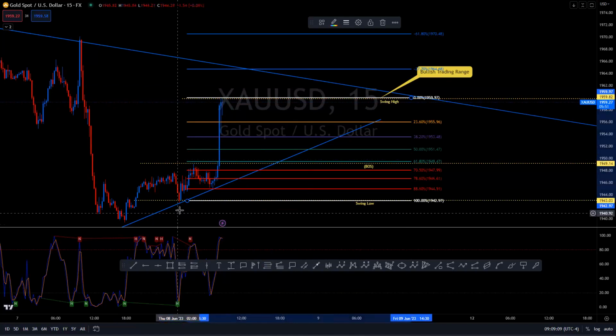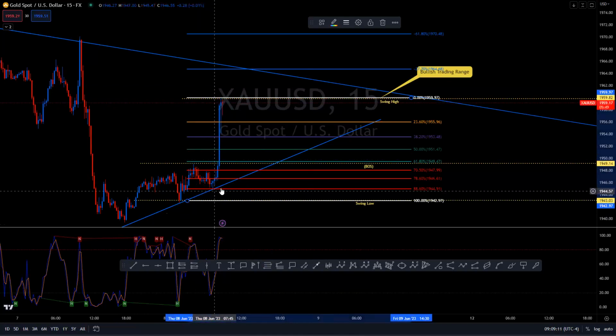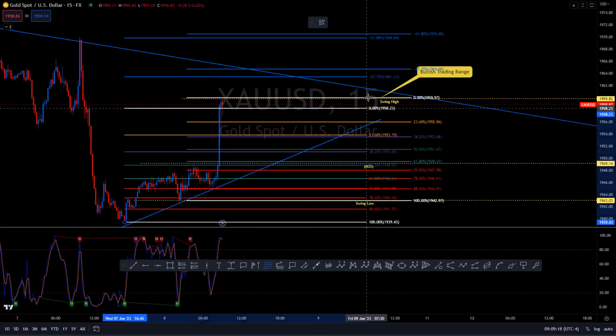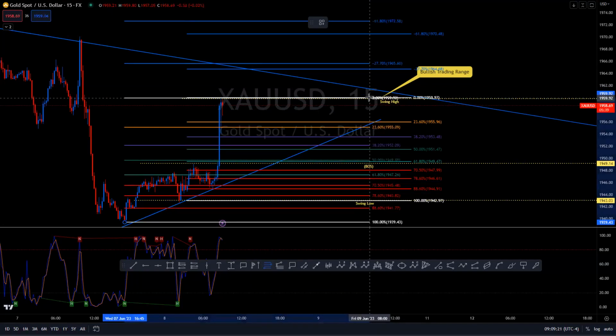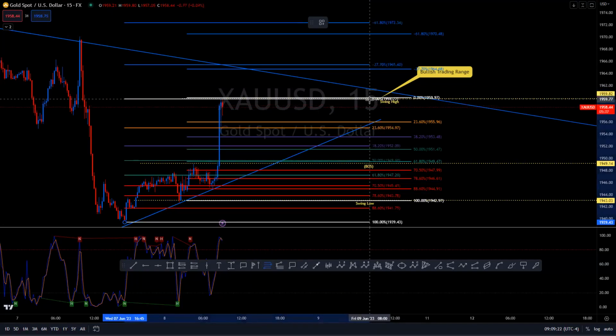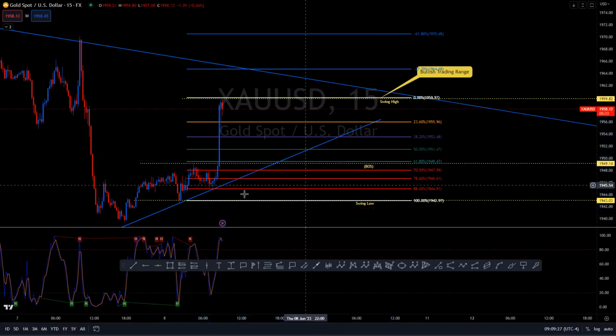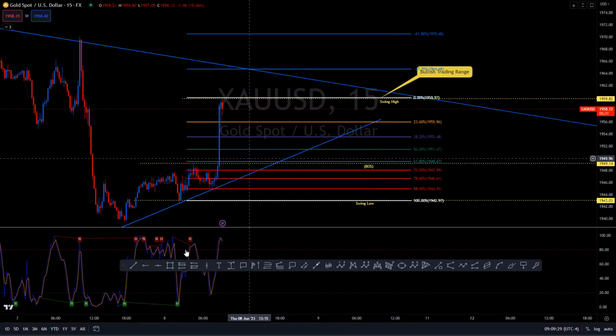So you can clearly see that price pulled back from the 86.60. Now by swinging this here, even when price pulled back at the 75.50, this is pretty much still accurate.